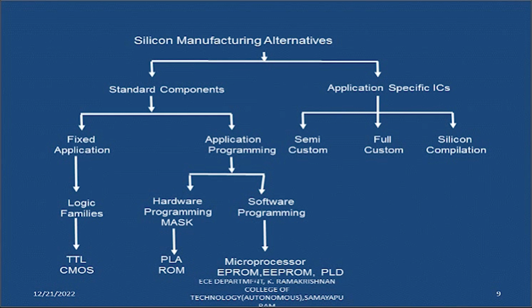It is a partially fabricated IC, and in that we can do the programming, which is called semi-custom. And if it is full custom, we need to implement the whole design from scratch to the 100% level. And if it is silicon compilation, we can use an automation process in order to fabricate the design.